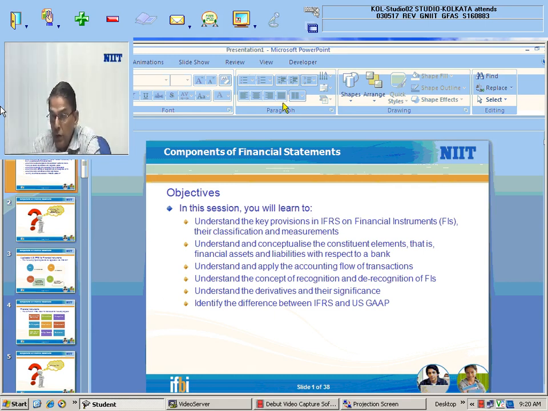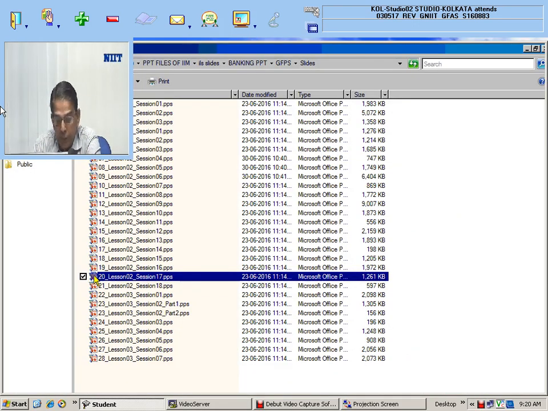As I told you, this is covered under IAS 39, but several other accounting standards also apply here. So you look at the applicable accounting standards or international financial reporting standards for financial instruments.